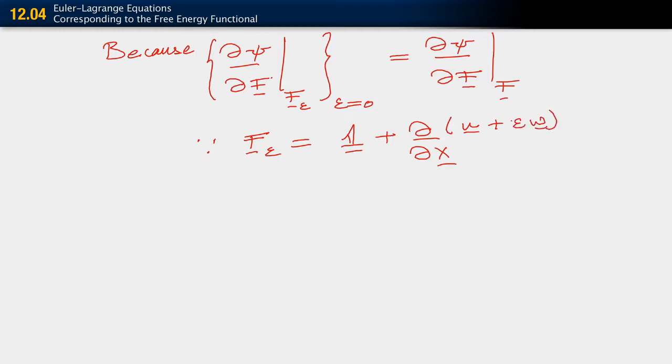And here when we set epsilon equals 0, we simply lose this, and then we get back just plain old f. Okay? All right.